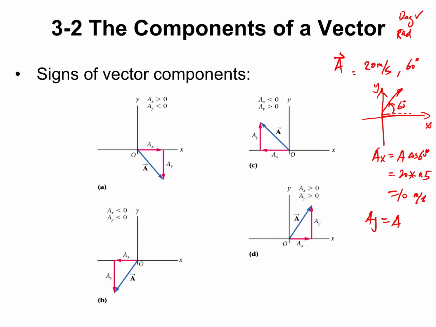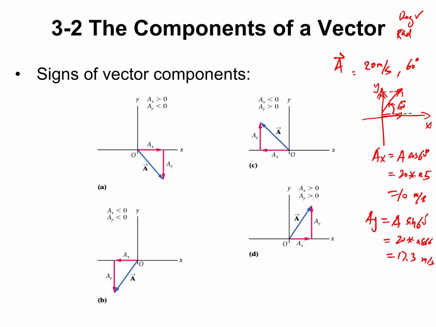So Ay equals A sine 60, equal to 20 times sine 60, which is 0.866. So this equals 17.3 meters per second. Okay, so that is how you can tell these components, the x component and the y component. So this is one example.